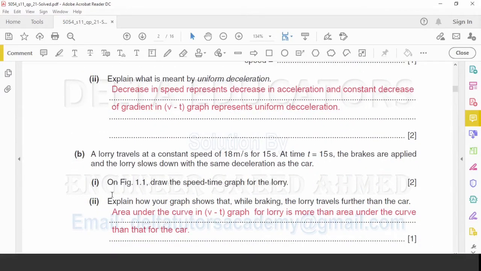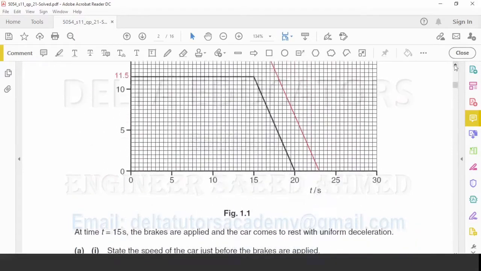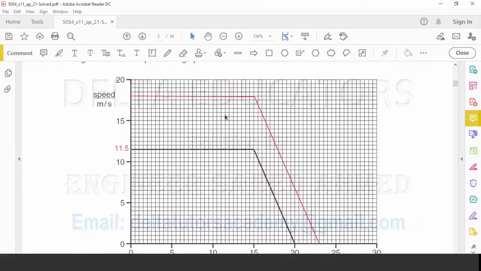Next part 2, explain how your graph shows that while braking the lorry travels further than the car. Lorry travels further than car means lorry travels more distance than car. Here the area under the curve of the lorry is more as compared to the area under the curve of the car. So the distance covered by the lorry is more.